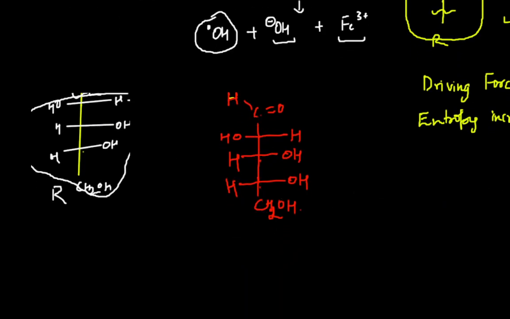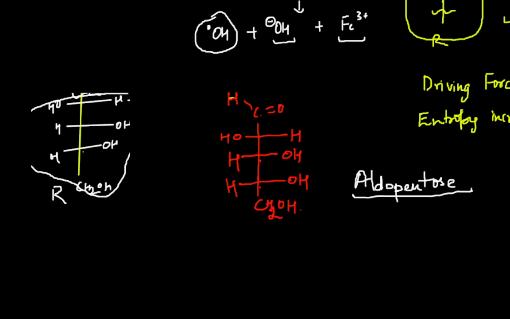So this is your aldopentose. So you have come down from an aldohexose to an aldopentose. So this was your chain shortening mechanism, Ruff degradation.